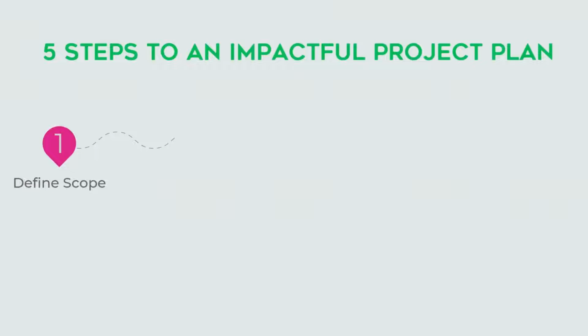So the first step is to define or confirm your project scope. Scope establishes our project's purpose and is critical to ensuring buy-in and engagement. So you want to get your scope nailed down as early as possible.